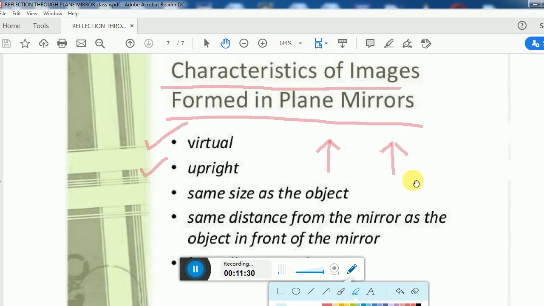The size of the image and object will be the same, and the distance of the image from the mirror will also be the same. That means the distance of the object from the mirror, this is the object, this distance, and this is the image, this distance, will always be the same. This distance and this distance will always be the same.